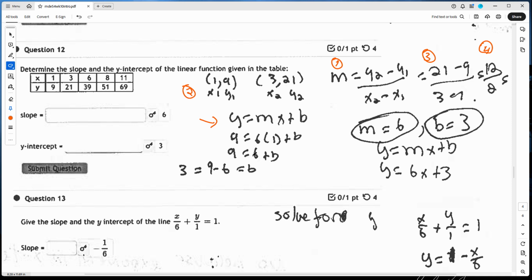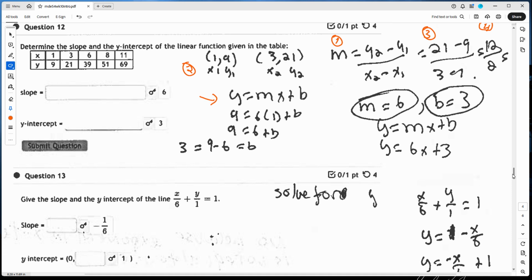In this case, I subtract 6 on both sides, and end up with b is equal to 3. So my y-intercept is equal to 3. Here the y-intercept is 3. And that's it for that particular problem. That was number 12.